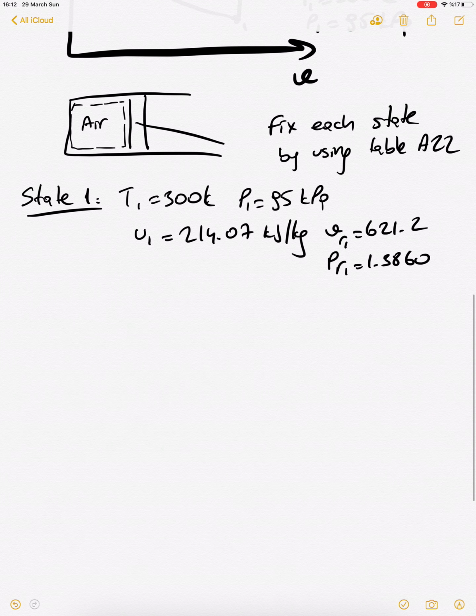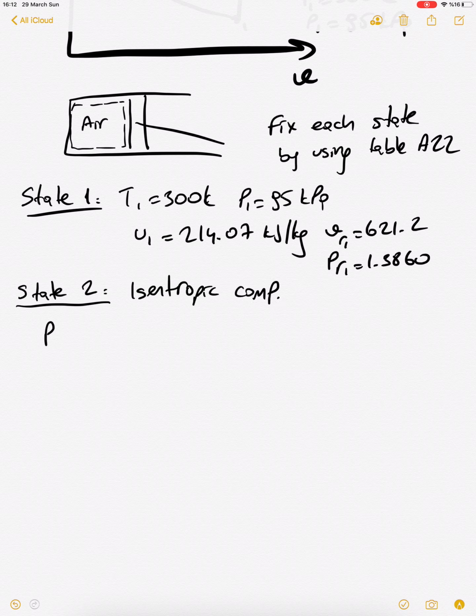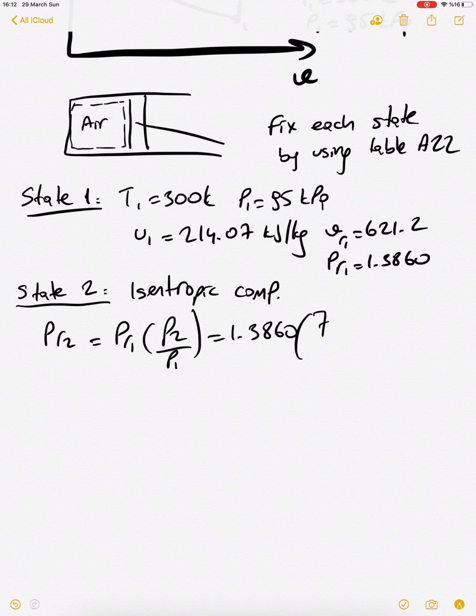For state 2 we have isentropic compression, where PR2 is equal to PR1 times P2 over P1. That's going to be equal to 1.3860 times the pressure ratio, which gives 105.04.